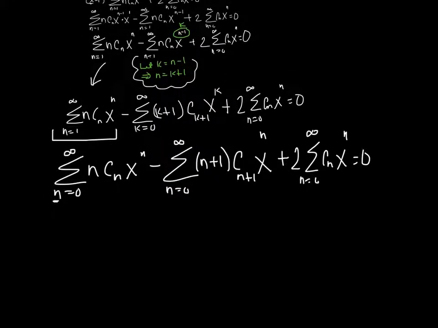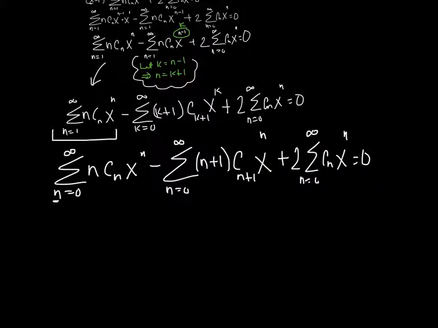And if you have reservations about this being equal to this by simply changing k to n, I challenge you to write this power series out, and you'll notice that you'll have the exact same terms in each power series. Okay, so indices are the same, so we're happy campers. Our powers are the same, so we're happy campers.